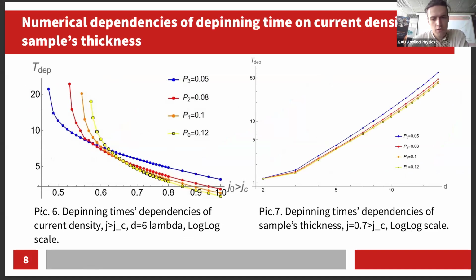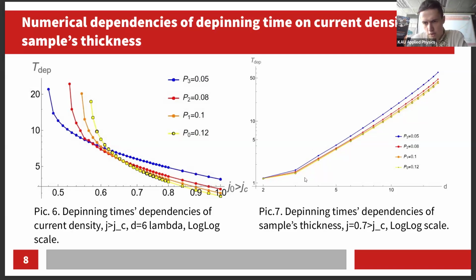In picture 6, we have plotted the dependencies of the pinning time on the amplitude of the current density, which is higher than the critical one, for multiple linear tension coefficients.